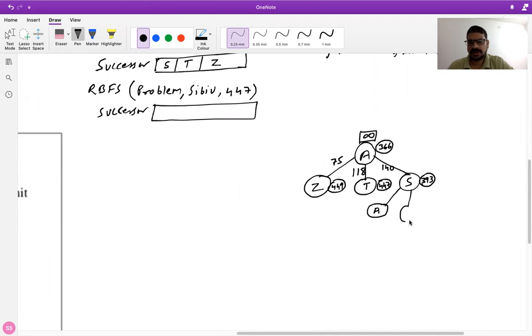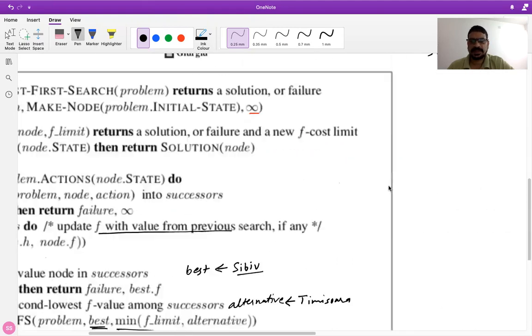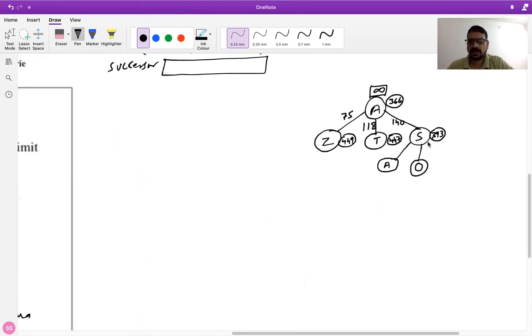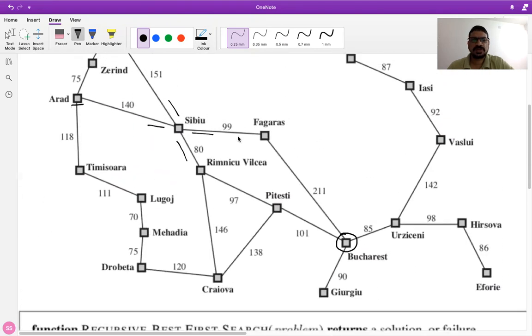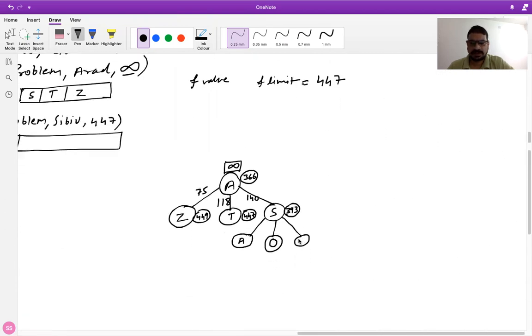The second option, let's see the diagram, is Oradea. The next options are Fagaras and Rimnicu Vilcea.